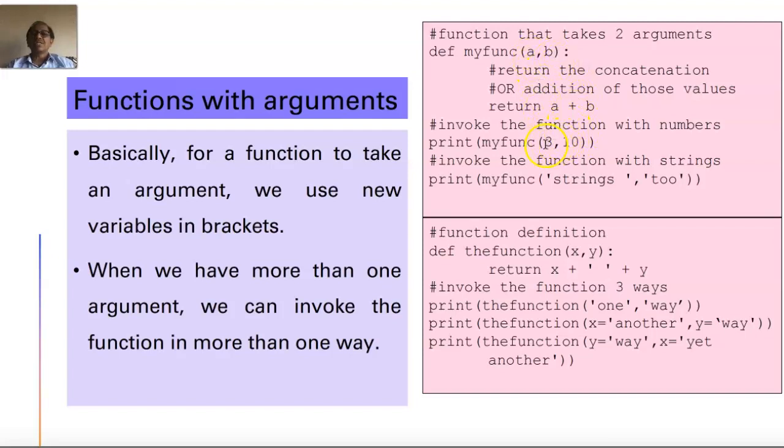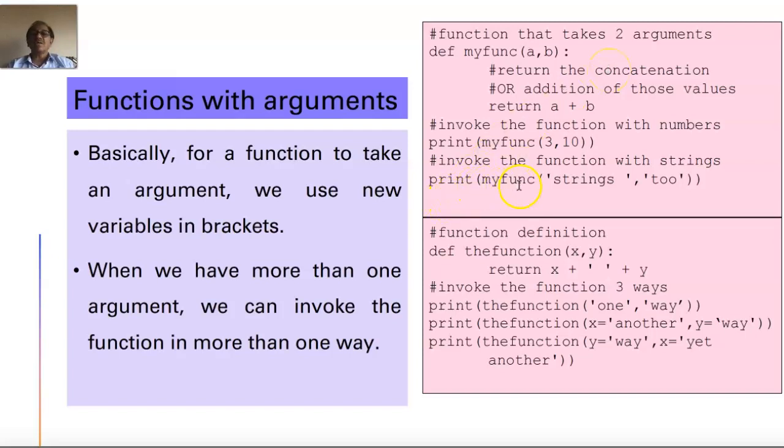So what does it do? When 3 is assigned to a and 10 is assigned to b, it adds 3 and 10, returns the value 13, and that is printed. This is numbers. In fact, we can even take strings.